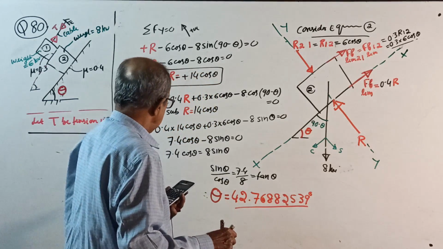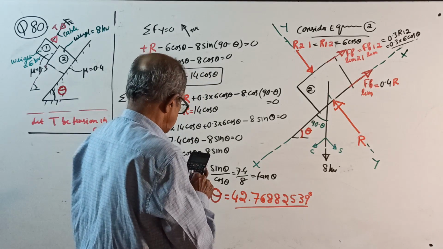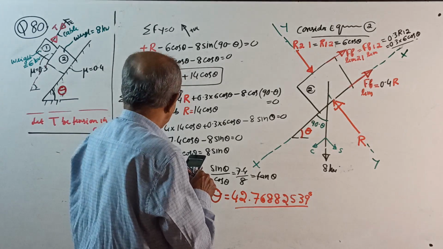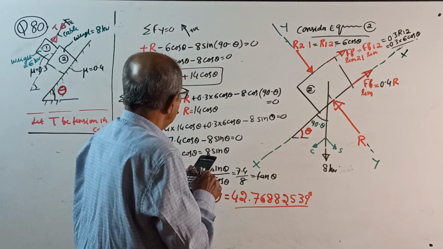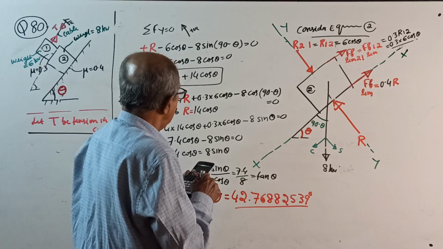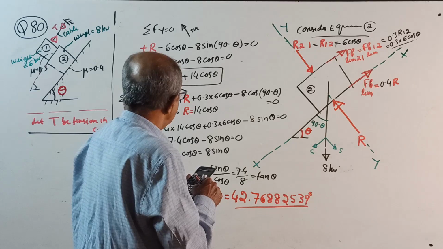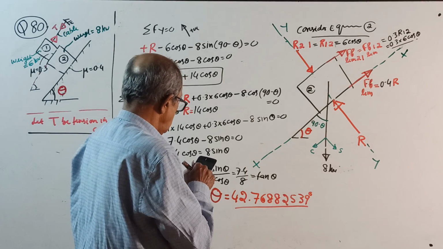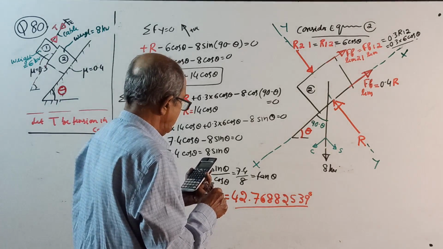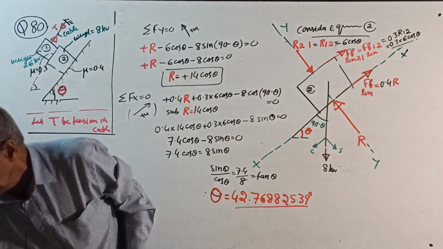Now, checking again: 0.4 into 14 plus 0.3 into 6 is 7.4, equal to 8 sin theta. Everything is correct. Divide by 8, shift tan inverse, answer 42.768825. So at this angle, block B is on the verge of moving.